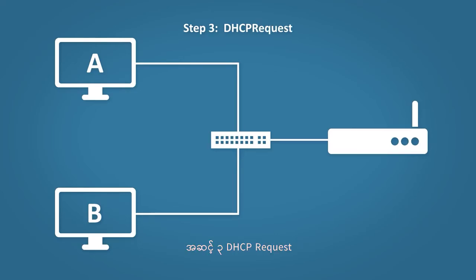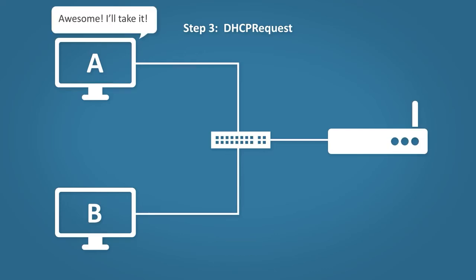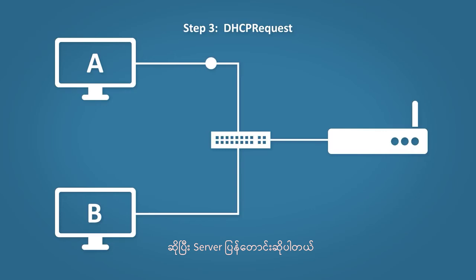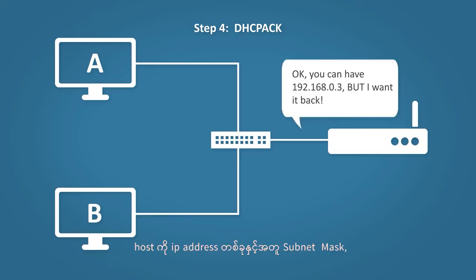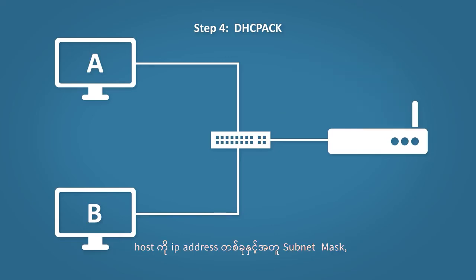Step 3, DHCP Request. The host says, "Awesome, I'll take it," and sends the request to the DHCP server. Step 4, DHCP Acknowledgement. The DHCP server sends the IP address to the host along with the subnet mask, the default gateway, and the DNS server.